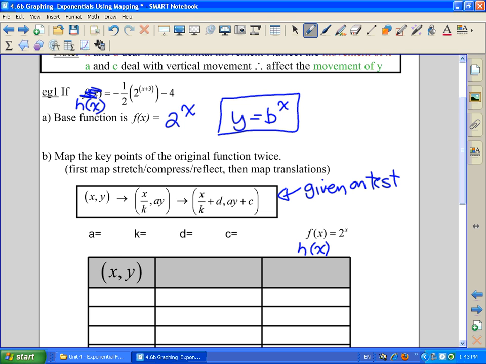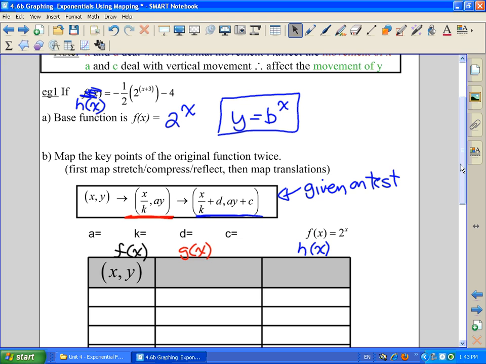Okay, f at x is going to be what we call our parent function, or our base function, and then g at x is going to be our transformation where we apply a and k. So the g at x is going to be that change, whereas h at x is going to have all of it.